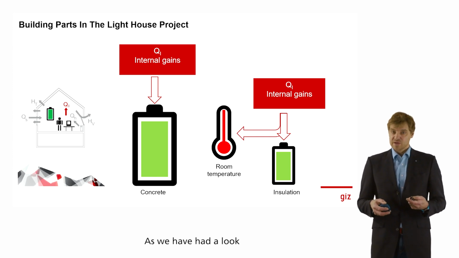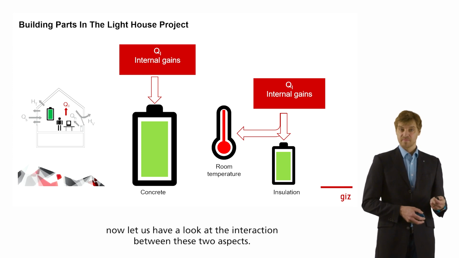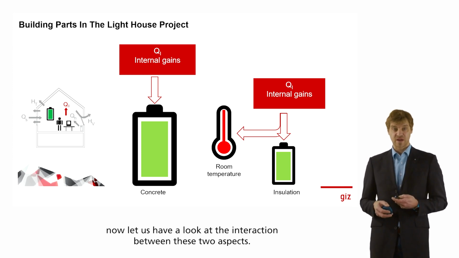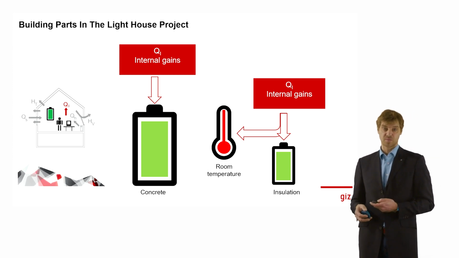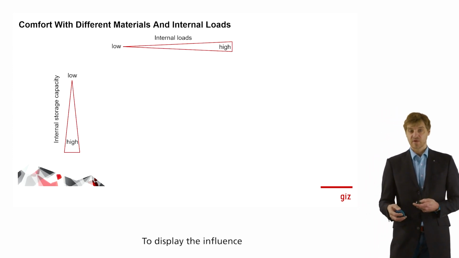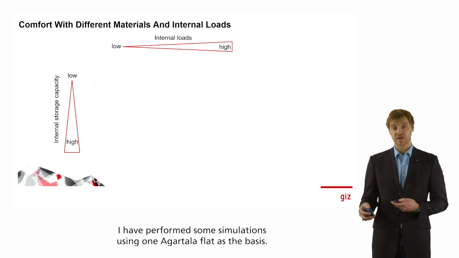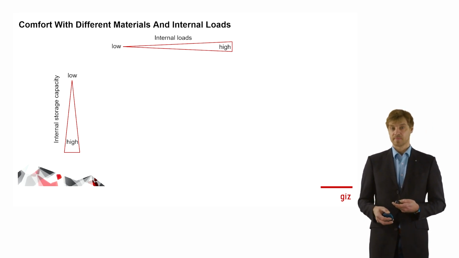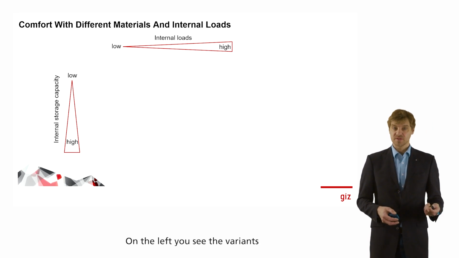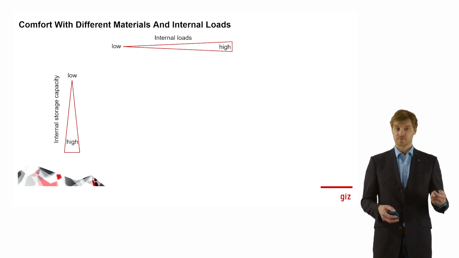As we have had a look at the internal loads and the storage capacity of the building, now let us have a look at the interaction between these two aspects. To display the influence, I have performed some simulations using the AGARTALA flat as the basis. On the left, you see the variance in which the internal storage capacities were changed.